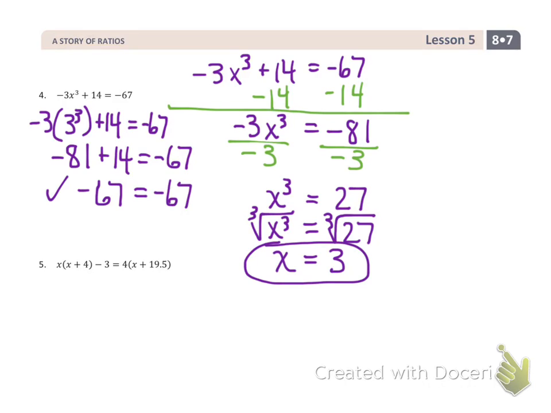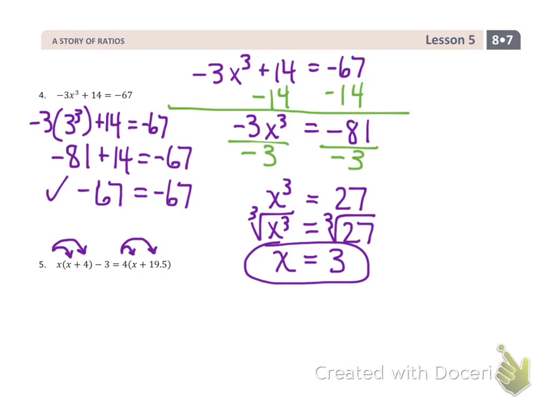Okay, so number 5. This next problem, problem 5, has 2 sets of parentheses that we need to distribute. So we're going to have x times both of those terms, and here we're going to have 4 going in here.